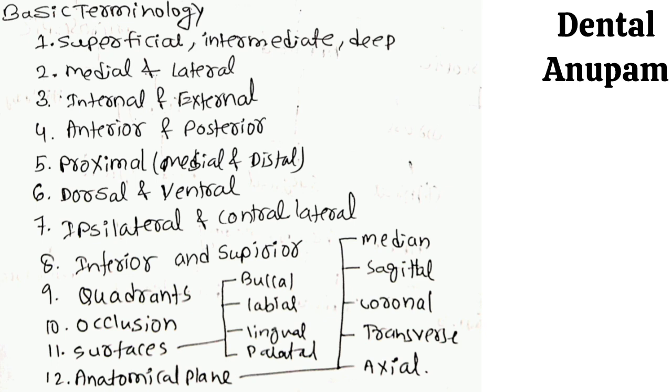The proximal surface of the teeth may be either mesial or distal. Mesial means towards the midline of the arch, and distal means away from the midline of the dental arch.